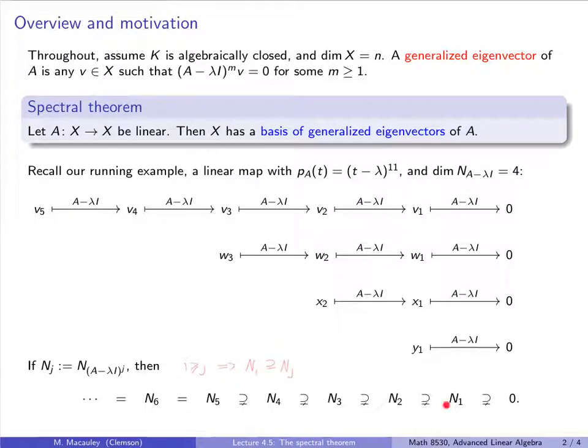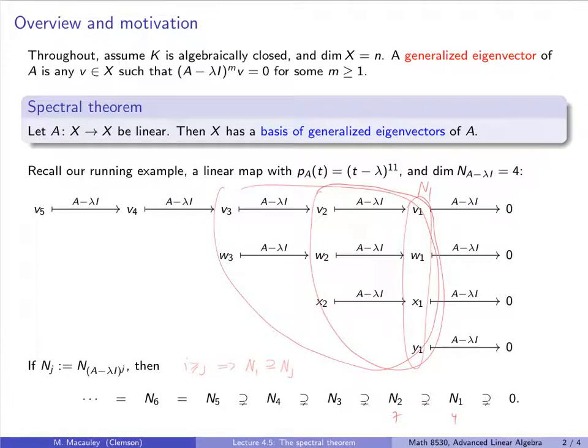Up here, n1 is the span of the eigenvectors. n2 is the span of these 7 vectors. So this is 4-dimensional, this is 7-dimensional, n3 is going to be 9-dimensional, n4 10, and n5 11-dimensional. And then it stabilizes. n6 is equal to n5, and so forth.